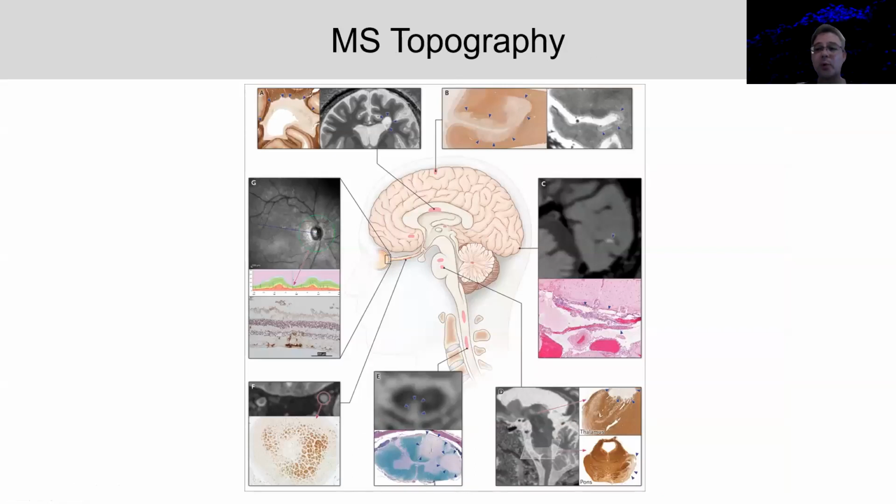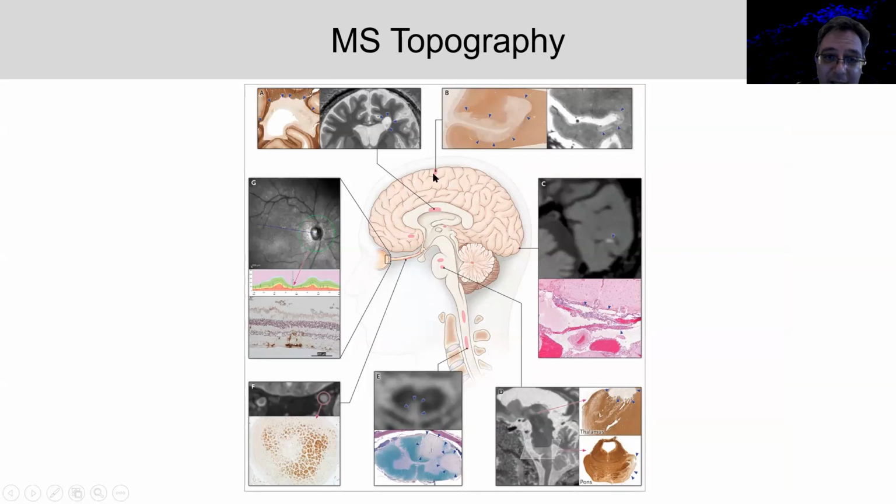So, but there are multiple lesions like that right throughout the brain. And this is just a topography that demonstrates where we can find these lesions. I don't particularly want you to recall this. It's just to define how we can see that there are multiple sites, and that's why we define it as multiple sclerosis.